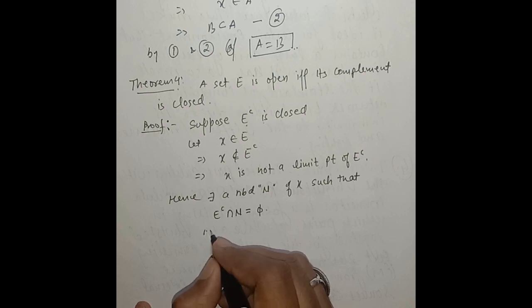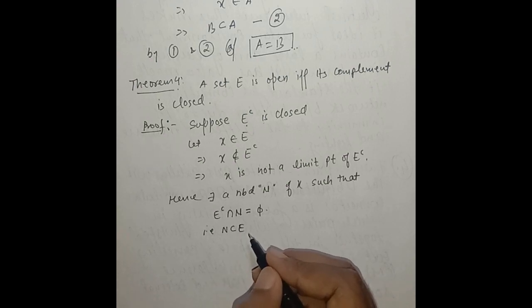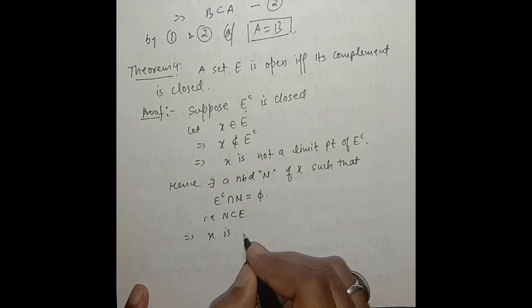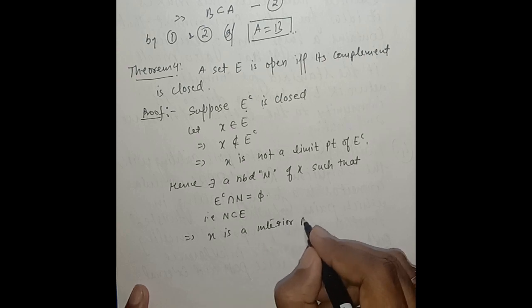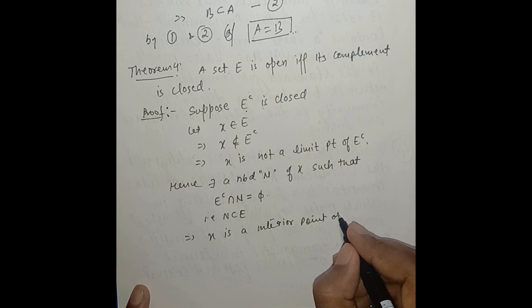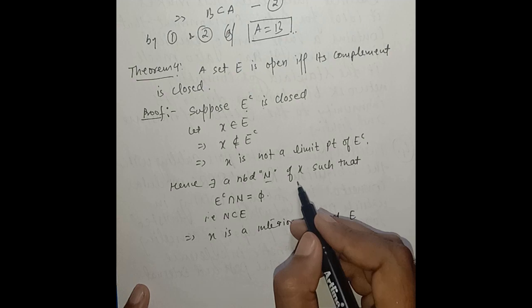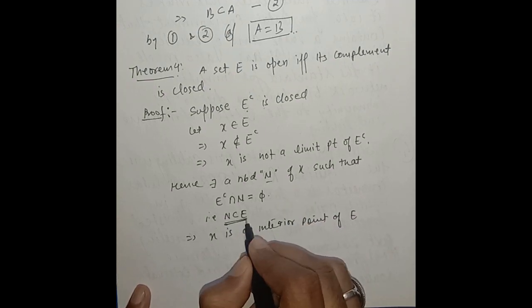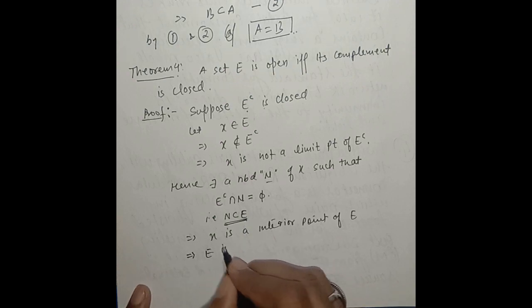That is, N is contained in E. This implies x is an interior point of E because we have a neighborhood of x which is contained in E. This implies E is open.